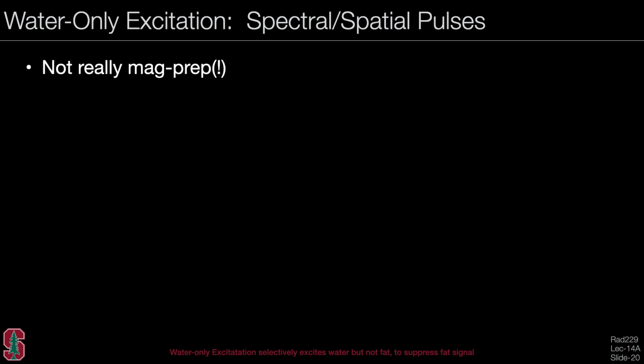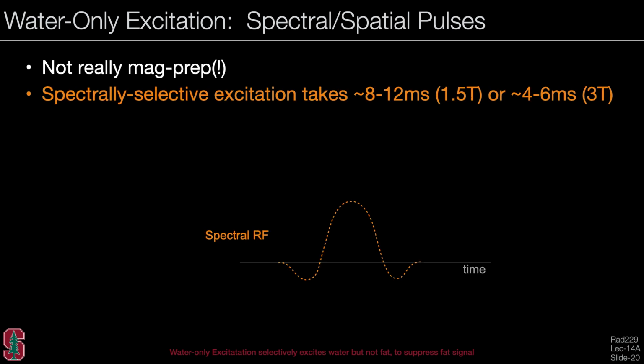This is not really magnetization preparation, but if we look at this, the spectrally selective excitation that we use for fat suppression typically takes about 8 to 12 milliseconds at 1.5 T, or about 4 to 6 milliseconds at 3 T. This is owing to the fact that we're looking for a bandwidth of about 100 Hertz at 1.5 T, or about 200 Hertz at 3 T. And the reciprocal of the duration gives you roughly the bandwidth, depending on the selectivity of the pulse.